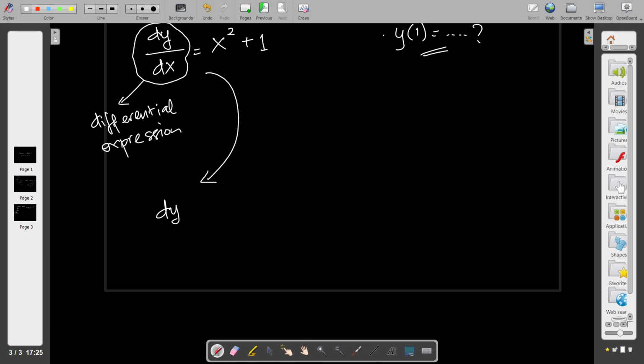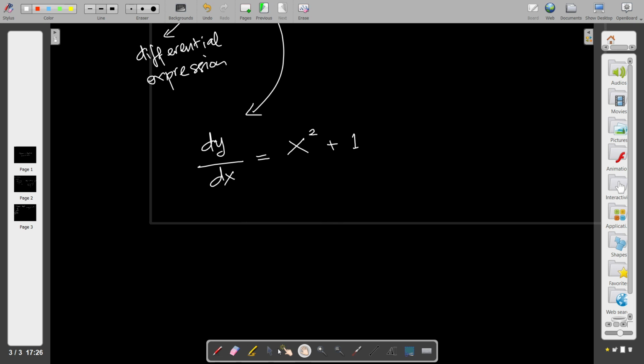So dy per dx equals x to the power of 2 plus 1, and then this is dy equals x to the power of 2 plus 1, and the dx moves to here. Okay, so this is dx.